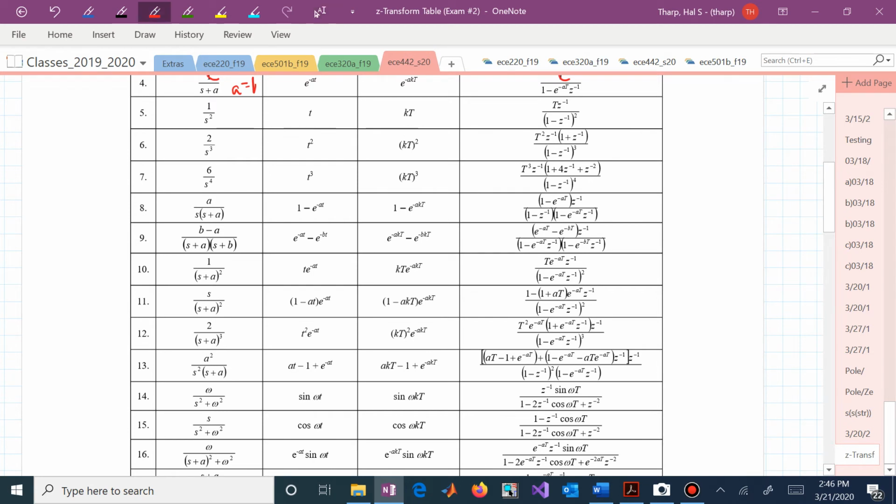So if you now had A over s times the quantity s plus a inside the curly braces, now you have a row for that, and you could immediately write down that expression for the z transform.